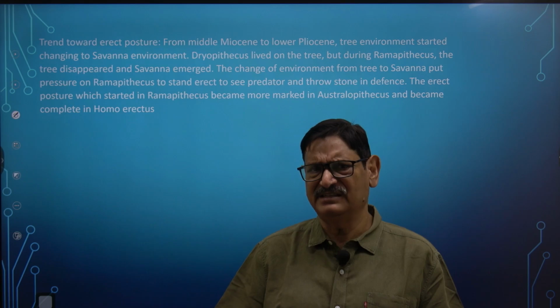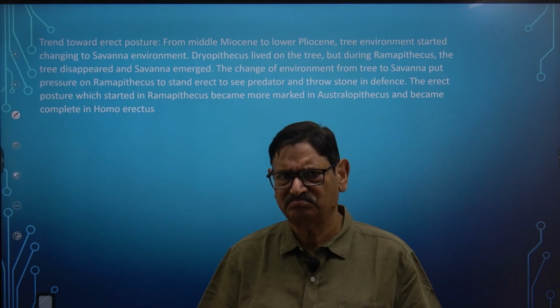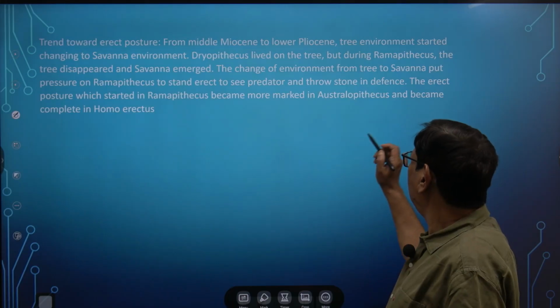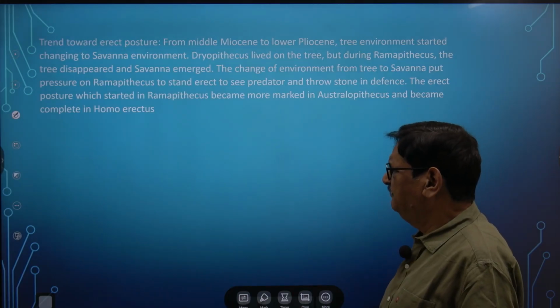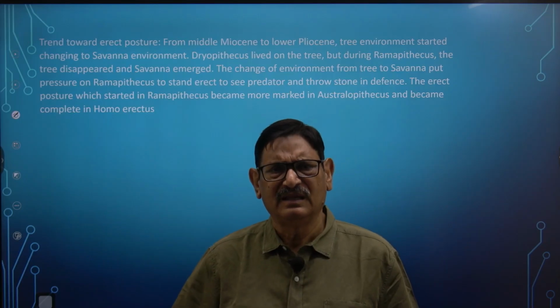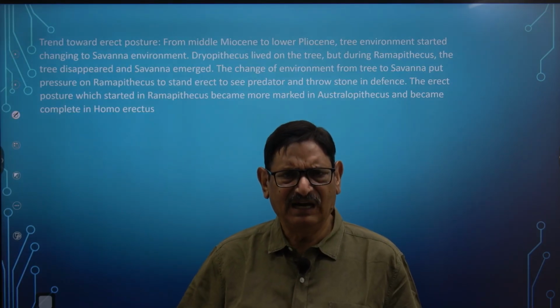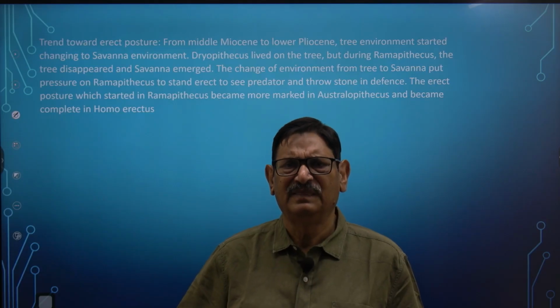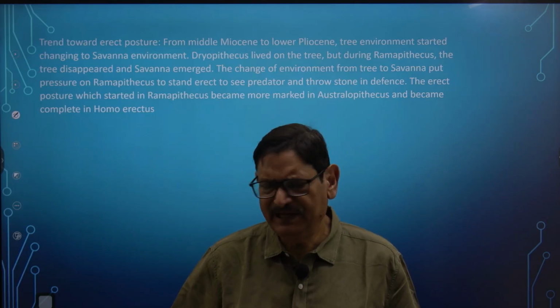The erect posture which started in Ramapithecus became more marked in Australopithecus and became complete in Homo erectus.